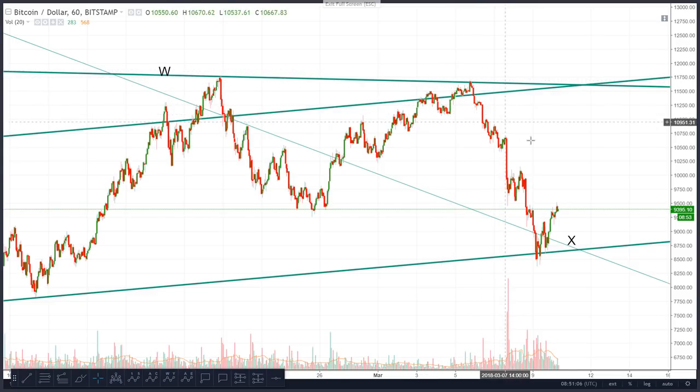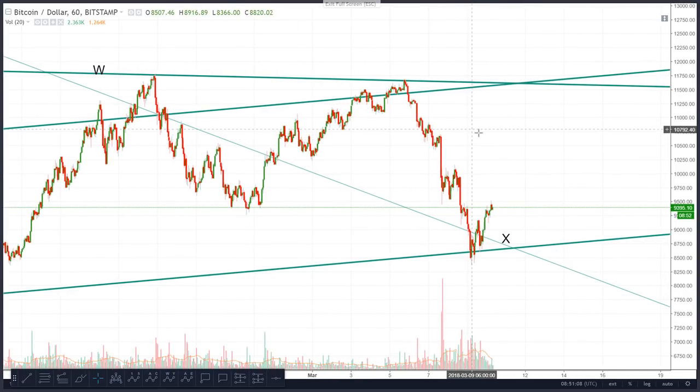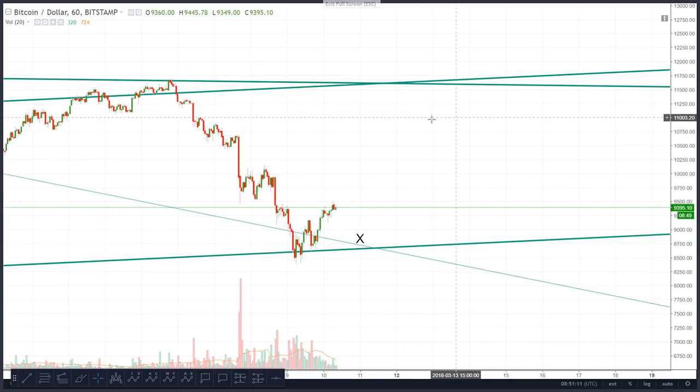Now coming down, we've got 1, 2, 3, 4, 5. That's wave 1, and then we've got a running flat.